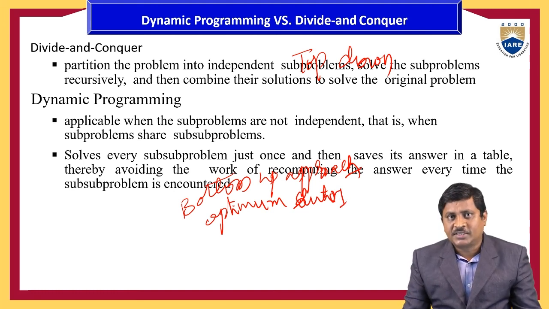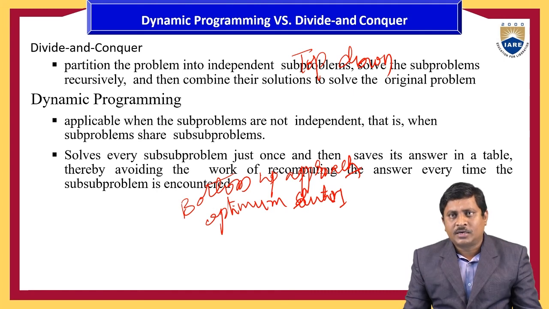So these are the differences between the divide and conquer and dynamic programming approaches. Once again, listen. In divide and conquer, we follow the top-down approach. The problem is divided into independent subproblems. These subproblems are solved recursively and then the solutions of all the subproblems are combined to find the solution of the original problem.